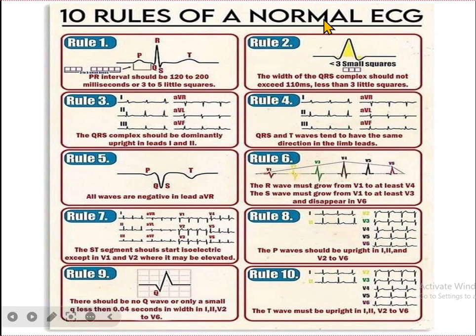Get that. Rule number 2 talks about the width of the QRS. The width of the QRS complex gives us the time it takes for the whole ventricles to contract, because you know that the ventricles contract from the apex towards the base, and the QRS complex represents the time when the depolarization of the ventricles takes place.